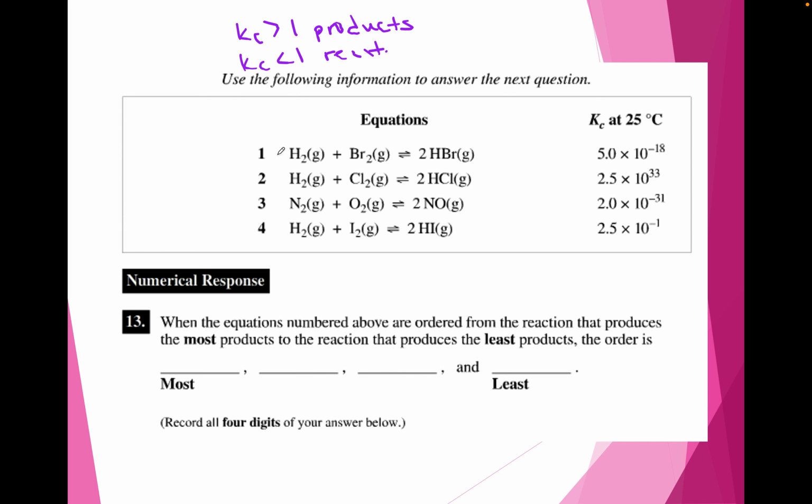So when I'm ordering what would produce the most products, I am looking for the largest Kc value, which would be reaction 2. And then my next largest would be 4, and then I'm getting smaller. Once I cross over, I would have 1, and then my most negative exponent is 3. That would mean the least amount of products are formed.